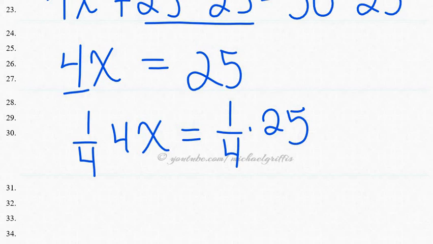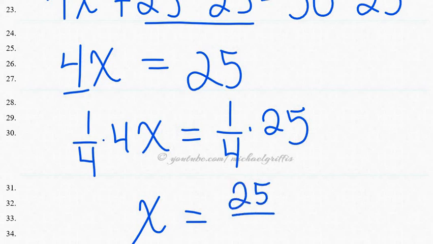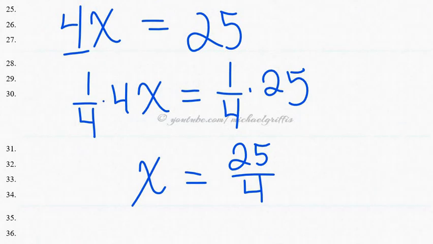As you can see, the 1/4 times 4 is 1. However, we don't write 1 there. We just don't write it. And then we can rewrite this as 25 over 4. So you can see that 25 over 4 is a solution.